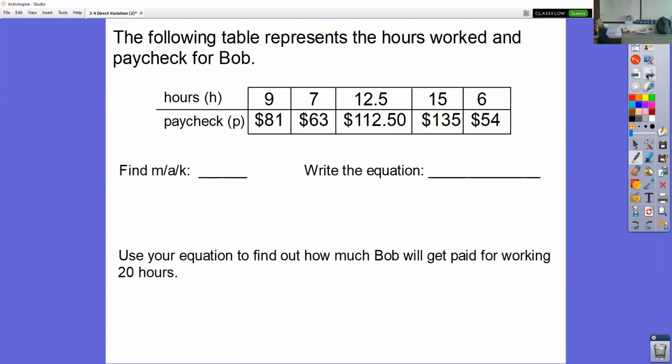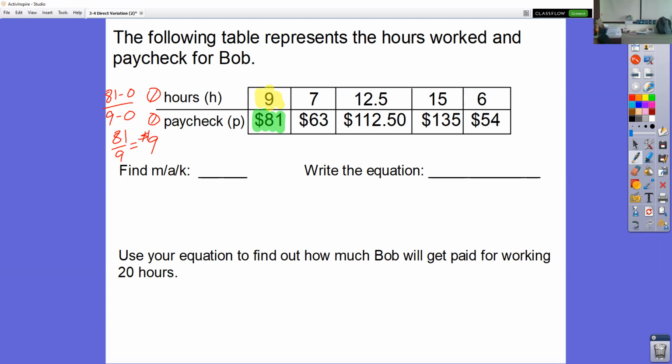All right. The following table represents the hours worked and the paycheck for Bob. So if we're talking about hourly rate, we would take his $81 and his 9 hours worked, and of course, if he works 0 hours he earns 0, so we would say 81 minus 0 over 9 minus 0 equals 81 divided by 9, which equals $9.